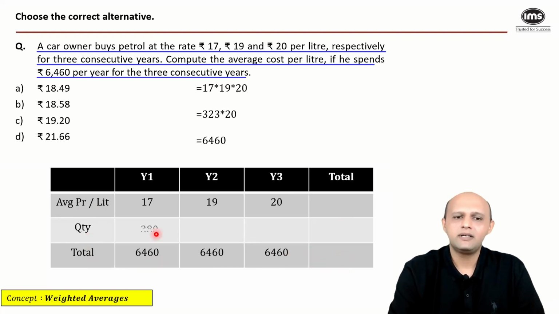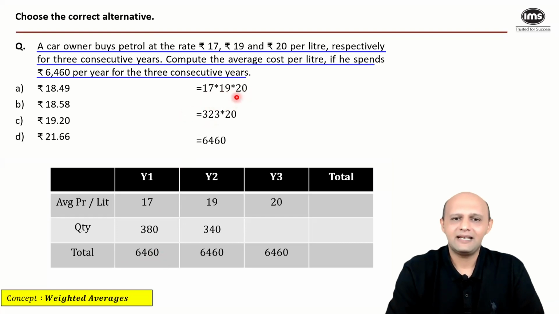Now, what is the quantity that he will buy here? So just divide this. Don't look at 6460 as 6460, but as a product of 17, 19 and 20. If you divide this by 17, what are you left with? 19 times 20. That's why we did this, right?